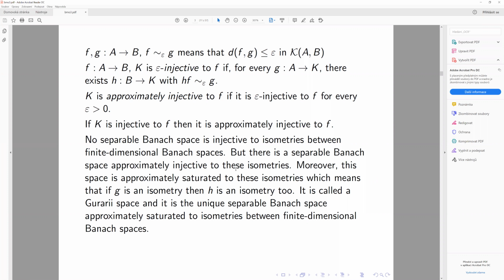It's because for any morphism here, you have an epsilon factorization, so you have this composition, so an epsilon factorization, and due to epsilon push-outs, you get a strict factorization. So just immediately from this definition, where one has epsilons here and equalities here, one gets that push-outs of things which are approximately injective are strictly injective to the class of objects.